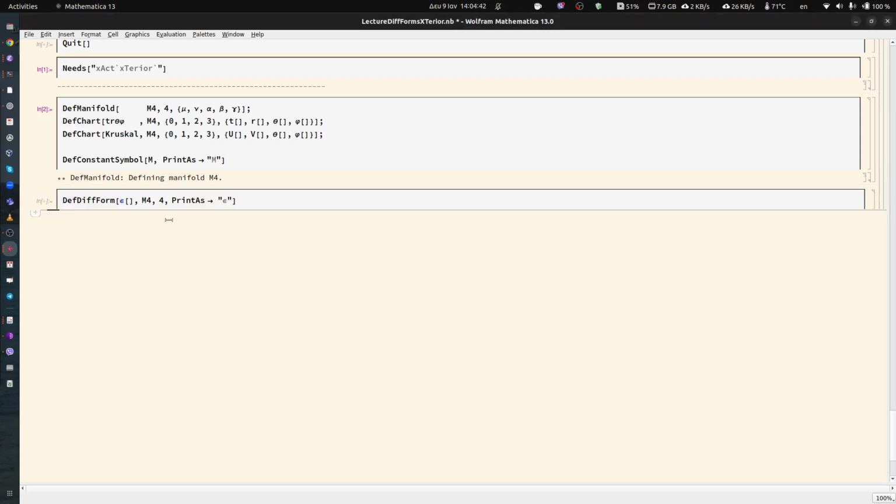So let's define the Levi-Civita tensor to be a 4-form. So we give it the name epsilon here. It is defined on the manifold M4. It is a 4-form given by the value of this third argument, and we want it to be printed as epsilon.